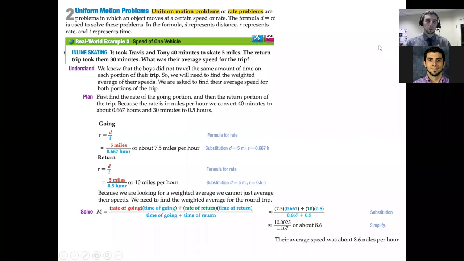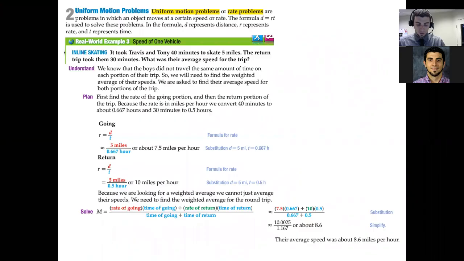I wanted to also bring up another way that you could possibly do this problem. If you notice down here, the rate of going times the time of going, isn't that rate times time? Rate times time equals distance. So the distance of going is just 5.